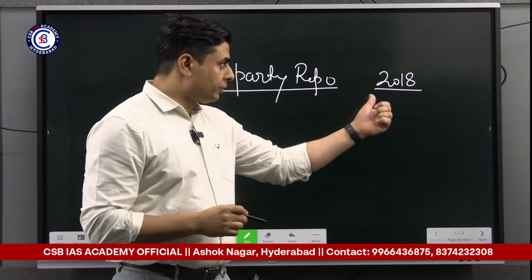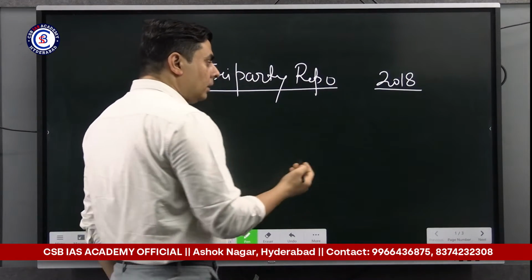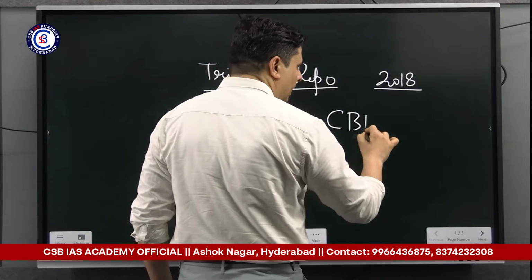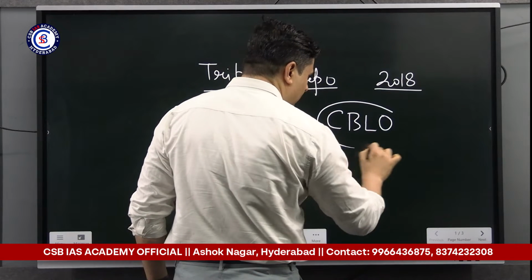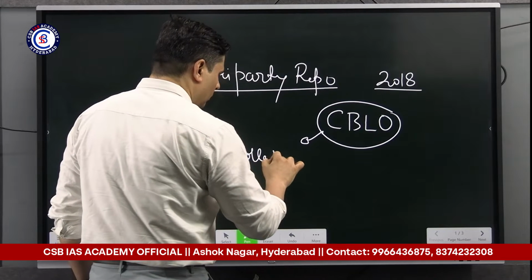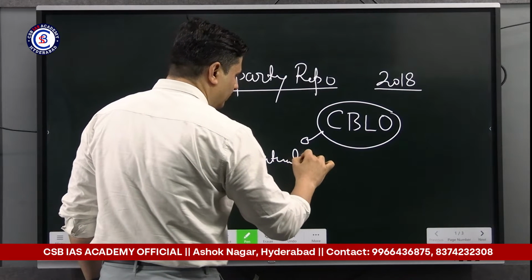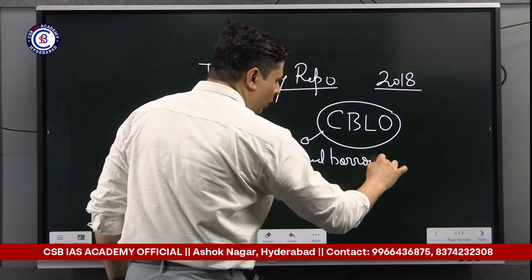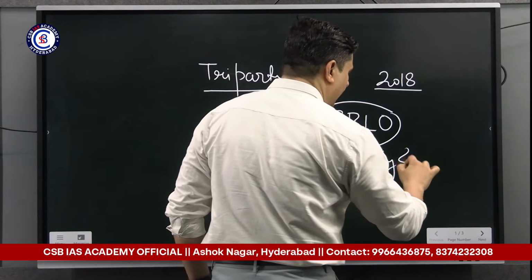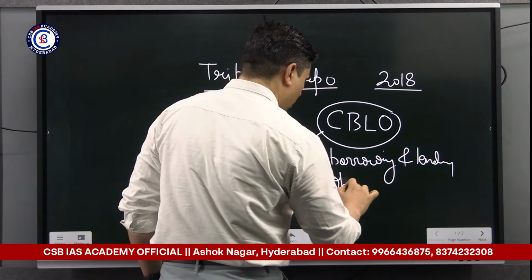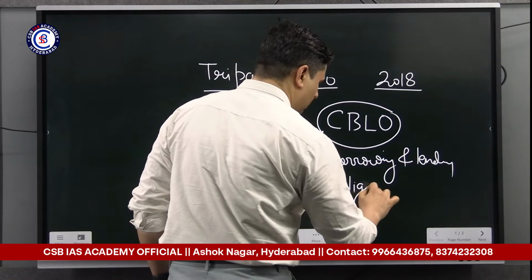when it was introduced in 2018, it took the place of CBLO. Means CBLO, that stands for collateralized borrowing and lending obligation.